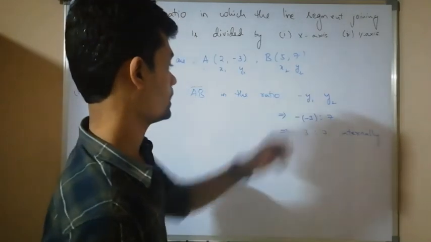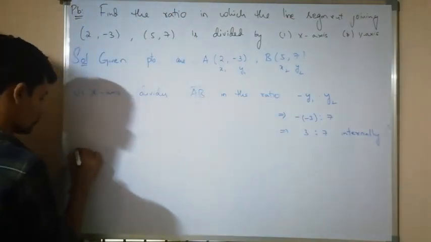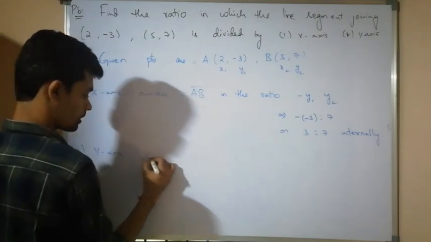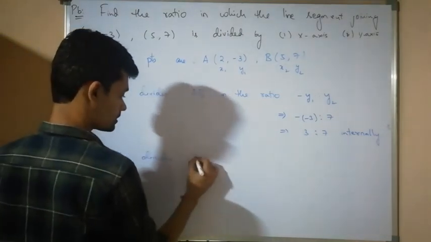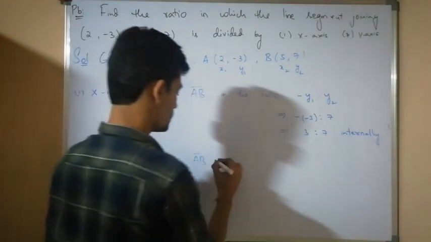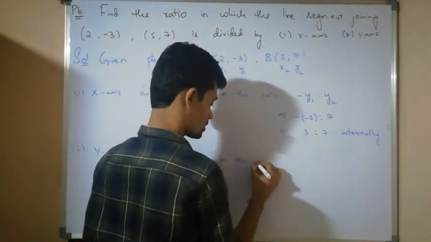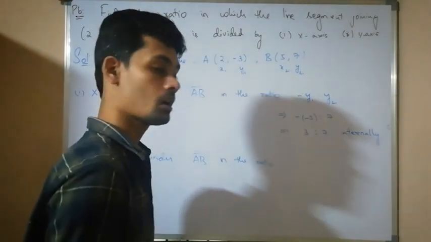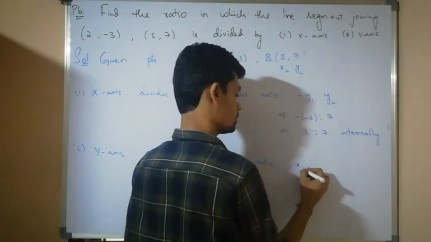Now, the second one. Y-axis divides the line segment AB in the ratio minus x1 is to x2.